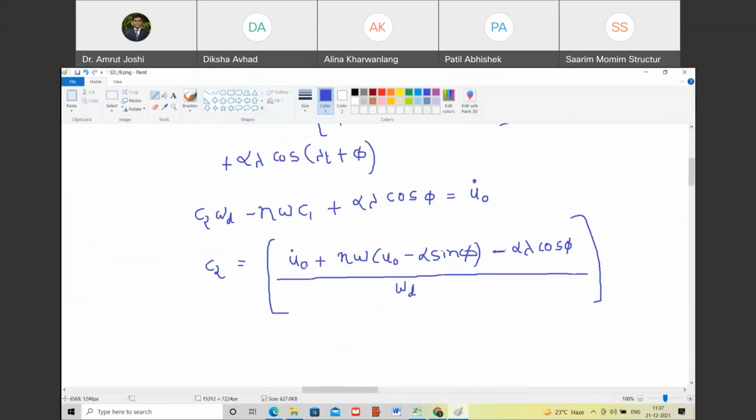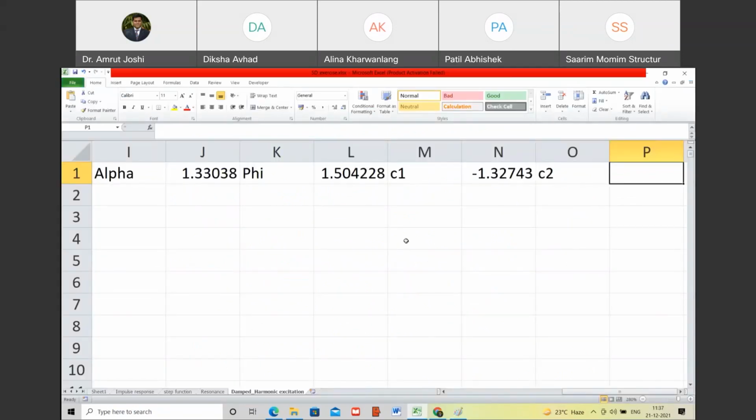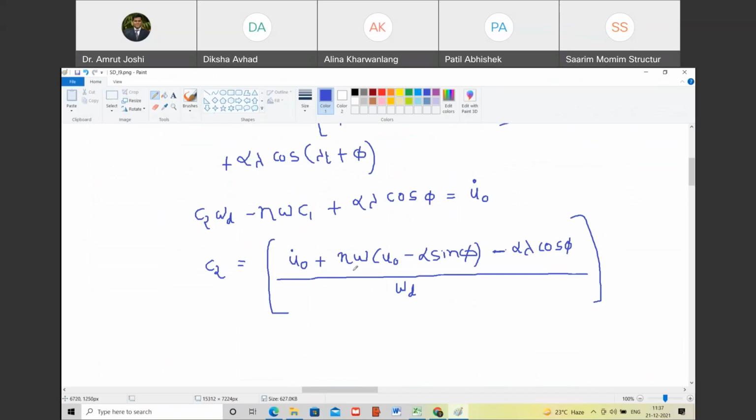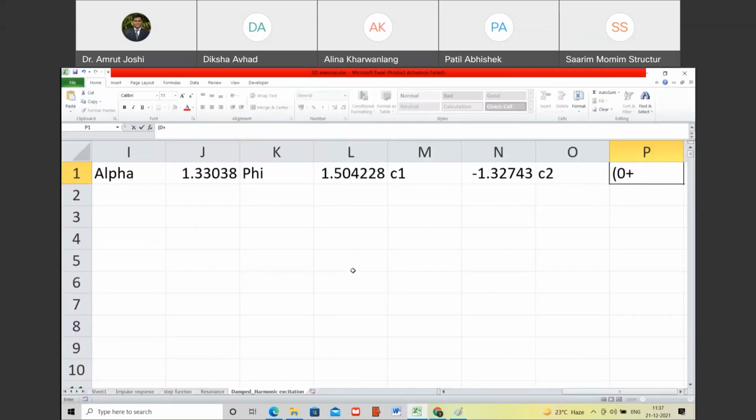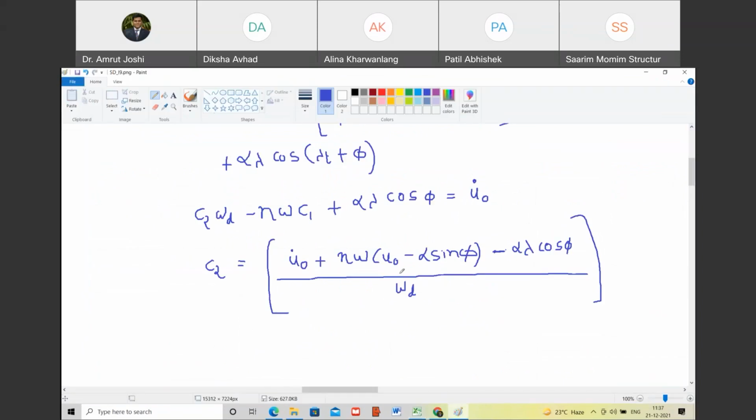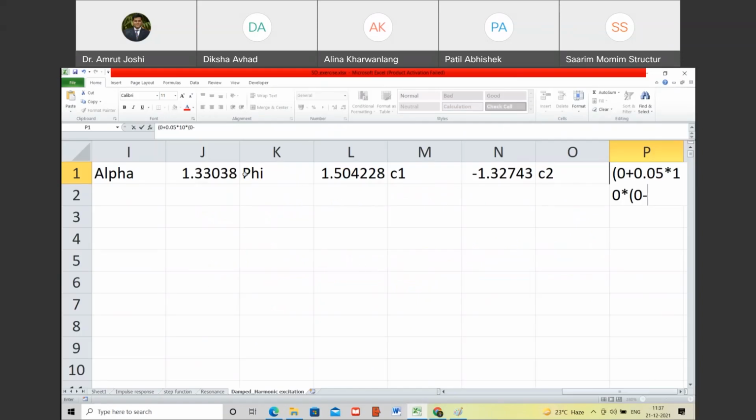It is U0 dot, which is 0. So numerator में पहली term है 0. Second term eta omega. So tell me what is eta? 0.05 into omega is 10. Multiplied by in bracket U0, so in bracket 0 minus alpha sin phi. So this alpha ये क्या हुआ?